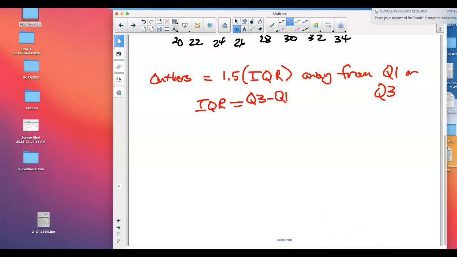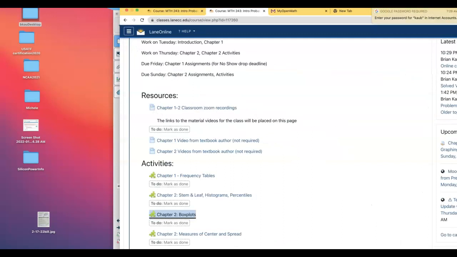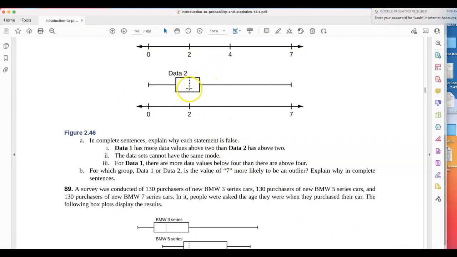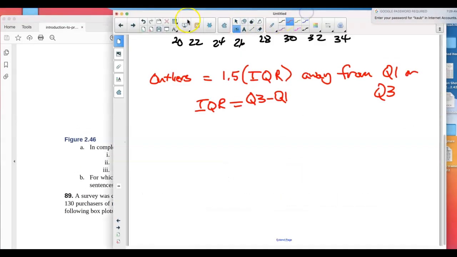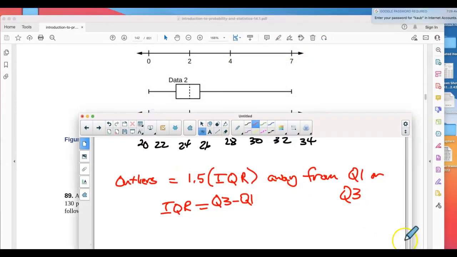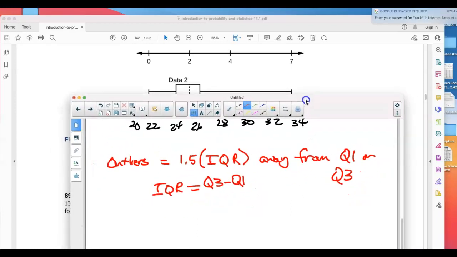Okay, so if we look at this problem again, here it is. We want to test this outlier here. So what we want to do is we need to know the IQR.